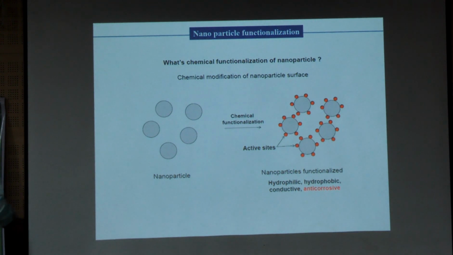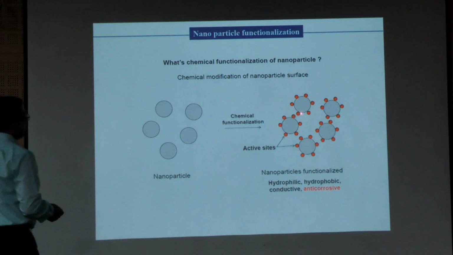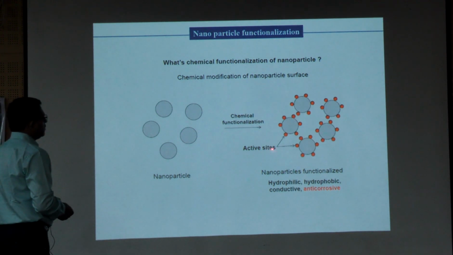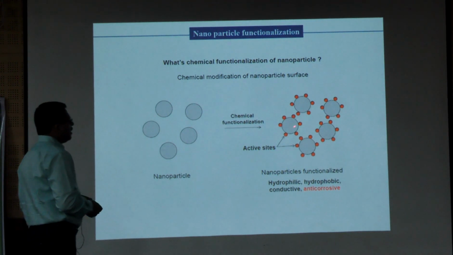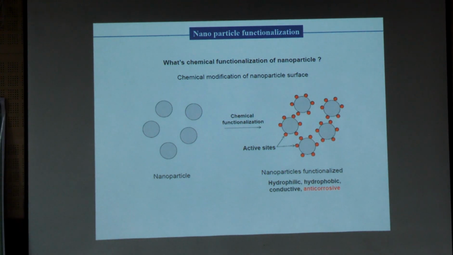If nanoparticles are like this, the surface is clean, so the bonding with the matrix material may not be good. That is why, to improve the bonding, we make active sites, so we go for functionalization. That means these act as bonds between the matrix material and the nanoparticles, right.